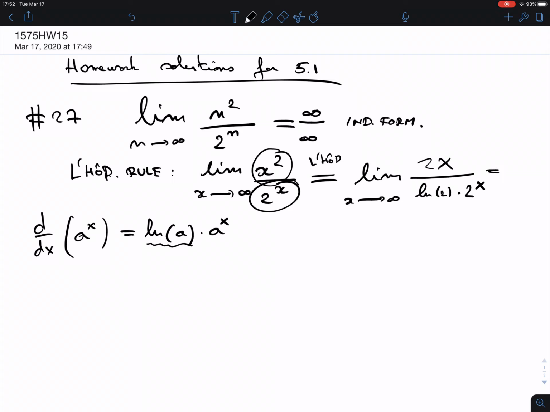If I plug in infinity, I get still infinity over infinity. But we should check, did we improve or not? And we did, right? Because this was quadratic here, now we have 2x only, which is only linear. So we should try it again. So again, we do L'Hopital.